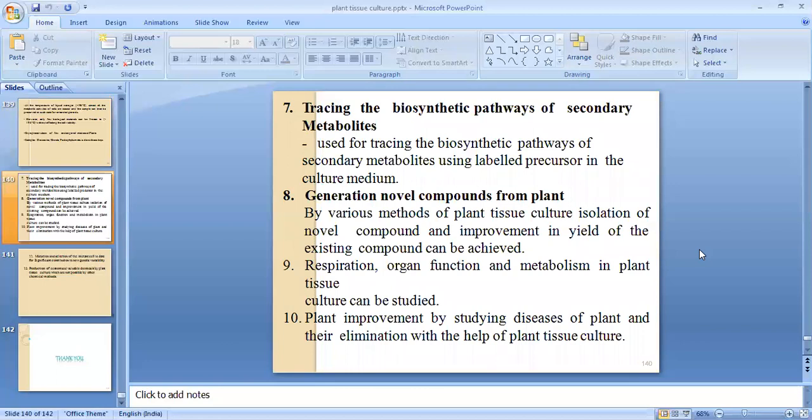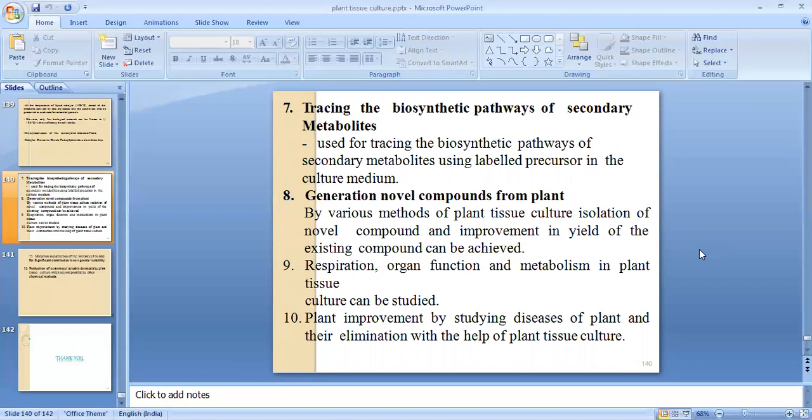The next application of plant tissue culture is tracing of the biosynthetic pathways of secondary metabolites. You have studied all the secondary metabolites, maybe alkaloids, glycosides, flavonoids, volatile oils, terpenoids, tannins, resins, all those things.